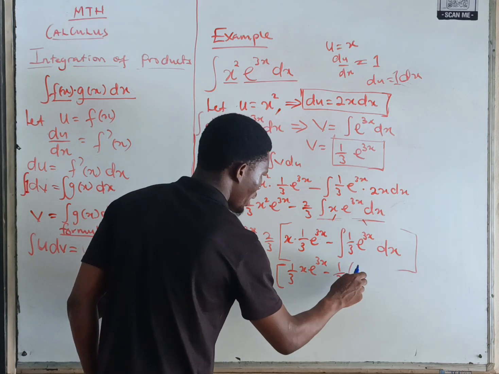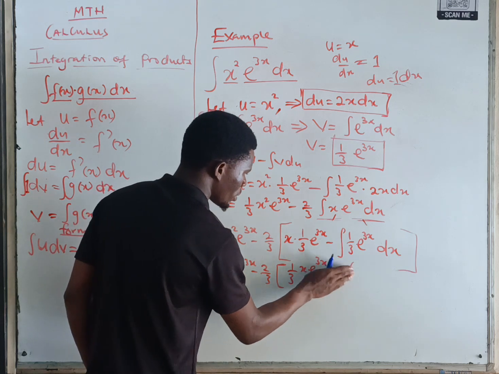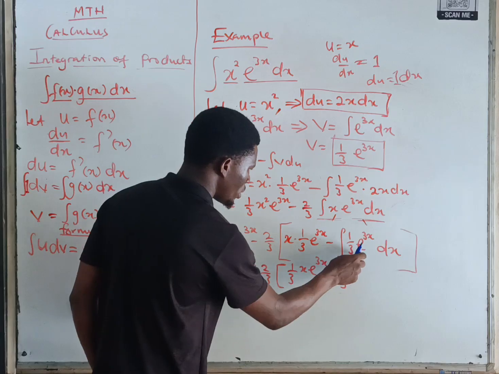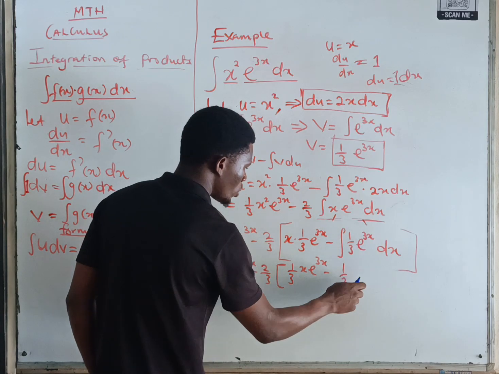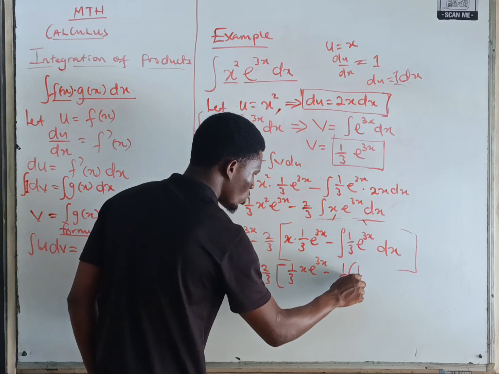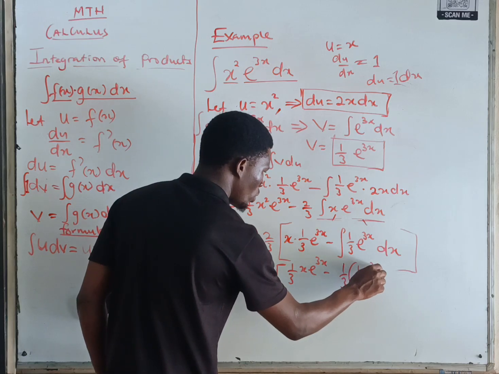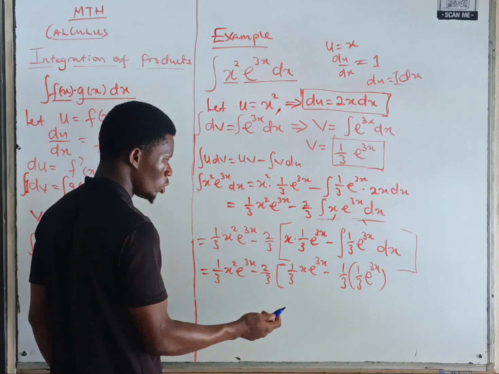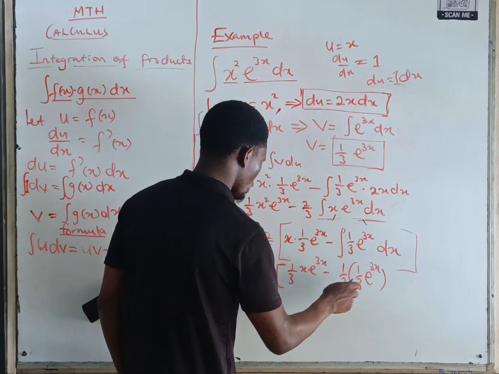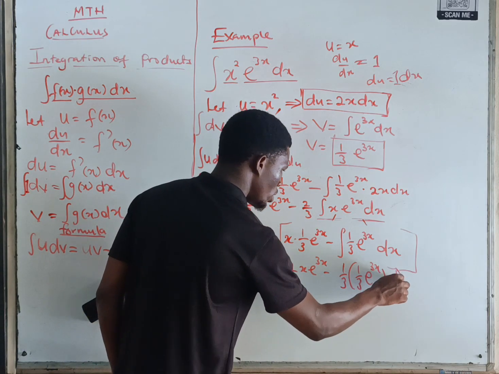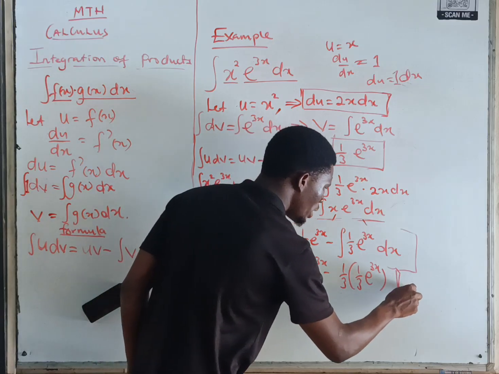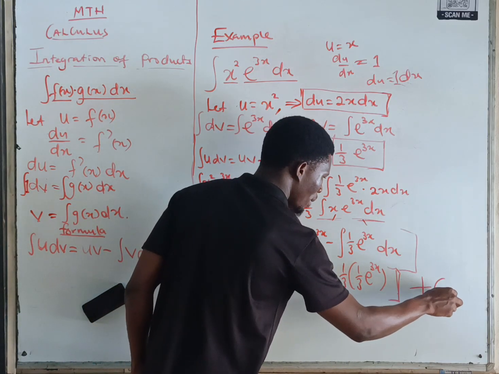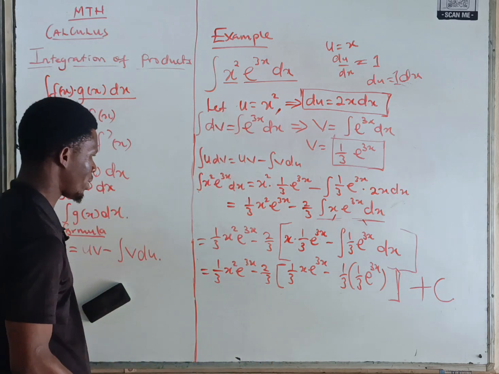And then when I integrate e raised to power 3x, I get 1 over 3 e raised to power 3x. I don't want it to look confusing, that's why I'm writing it like that. Then we close our bracket. Since we are done with the integration, I can add the arbitrary constant c.